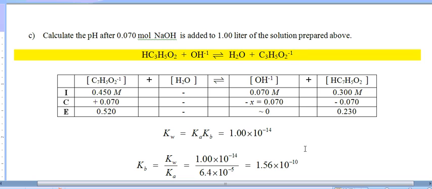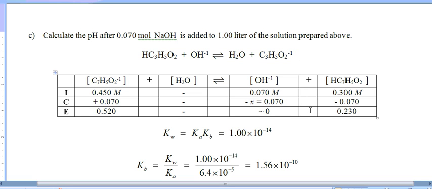But to keep myself out of trouble when writing the expression, and not getting the inverse of the answer or some really crazy pH or pOH value at the end, I'm going to go ahead and put the OH, or the hydrogen, on the product side. And do notice that I have the strong base with the weak acid.